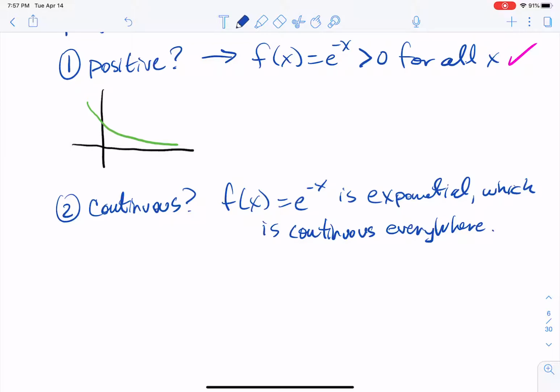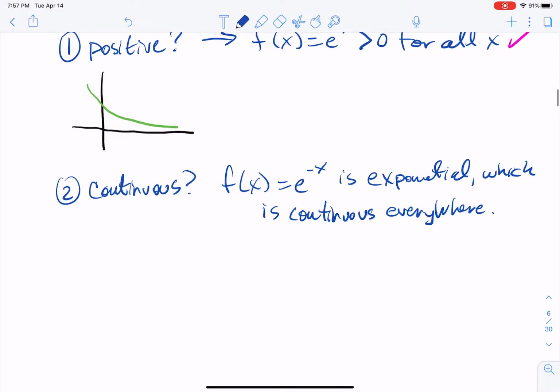A lot of times, as far as continuity goes, you just have to point out what kind of function you have. Oh, it's a polynomial? Polynomials are continuous everywhere. Oh, it's a rational function? Rational functions are continuous on their domain. You just have to take out their asymptotes, and it's continuous everywhere else. So our second condition, check.